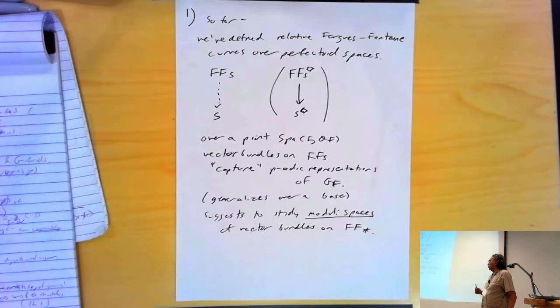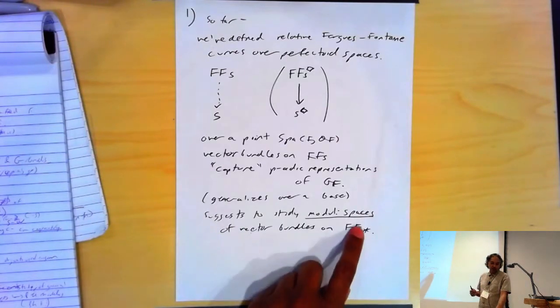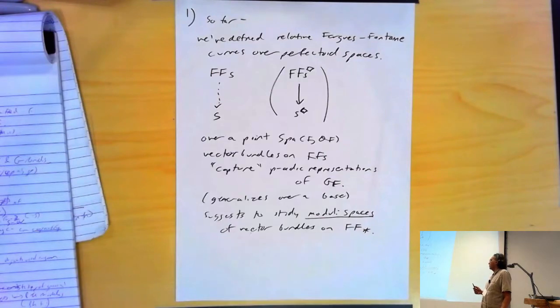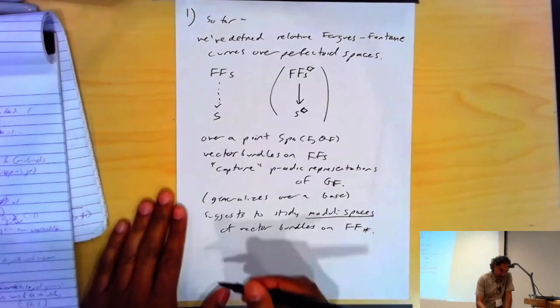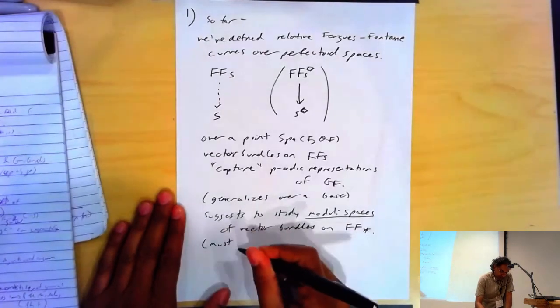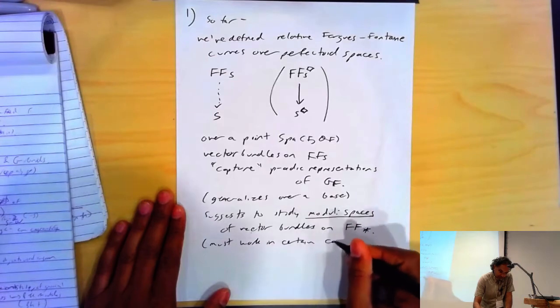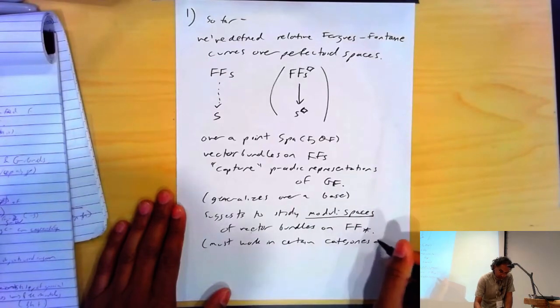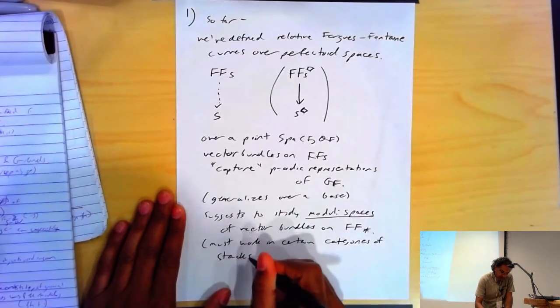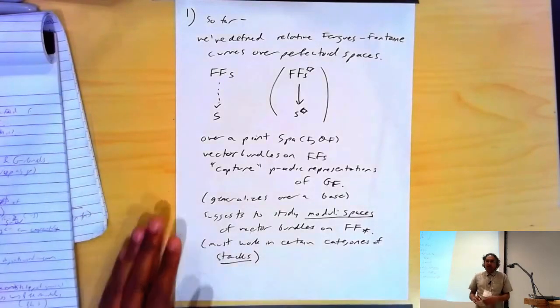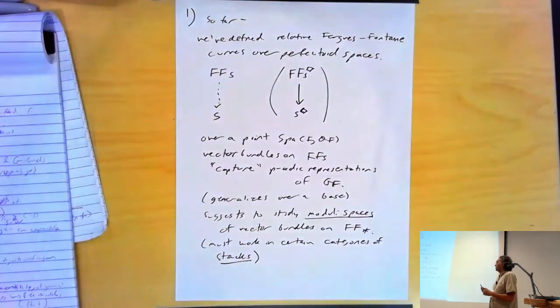Often you don't find them in the categories where you start working. So, for example, you won't find one of these things in general in the category of perfectoid spaces. So you have to enlarge to certain categories of stacks, hence the word stacks in my title.